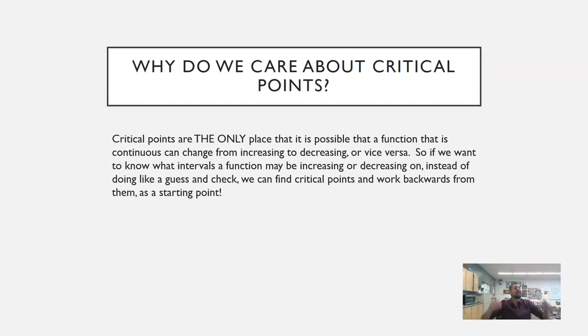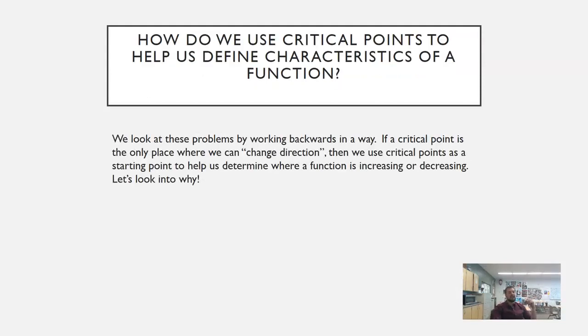Those are the only places, and so it makes sense to say, okay, these are the only places where I can change direction, if you will, so I should work backwards from those points in order to tell what is happening on the original function. Because there's a million x values where it's increasing, there's a million x values where it's decreasing. But at most, we'll have like 4 points where the slope of the tangent line is equal to 0, and we have these critical points where it would change direction.